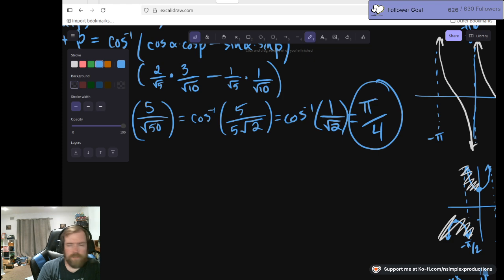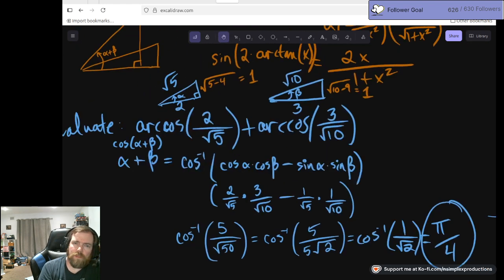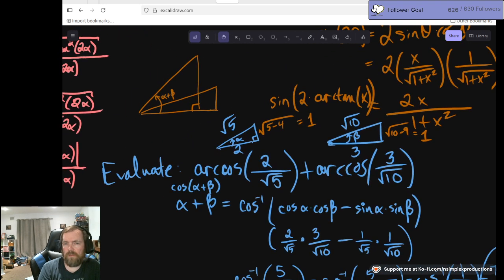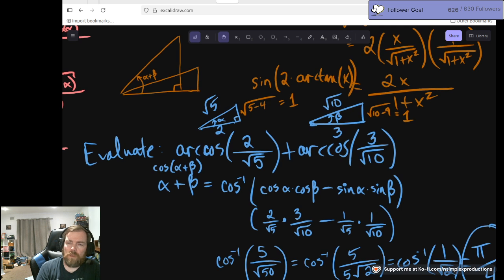Well, it worked. So, made a little diagram here. We said our alpha is going to get us, we have a 2 along this side, we have a root 5 as the hypotenuse, so our other leg is going to be a size 1, which is small.